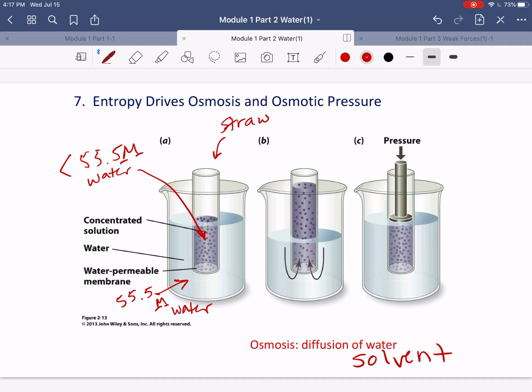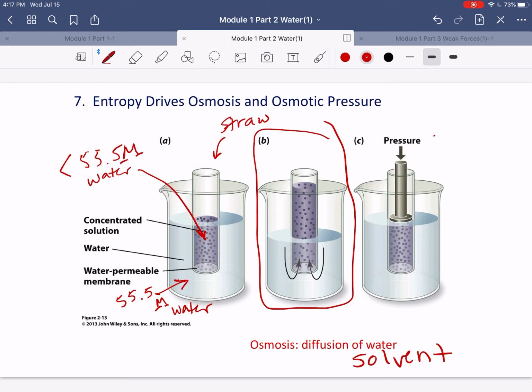And the osmotic pressure of your concentrated solution is the amount of pressure that you need to apply, here using a piston, to reduce the volume of this mixture in B. Now we want to reduce this increased volume due to osmosis back to its original volume.